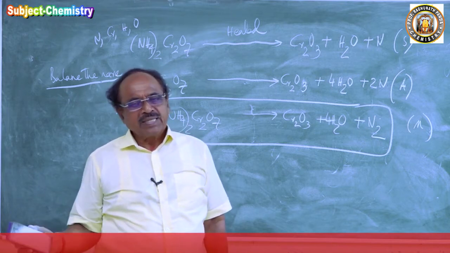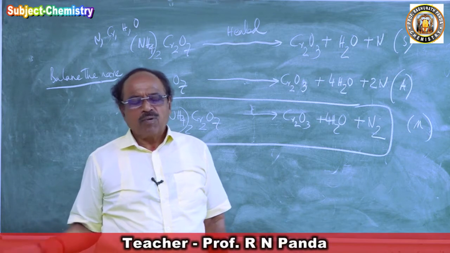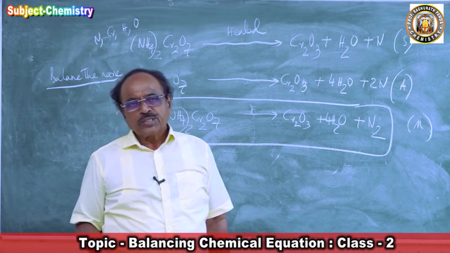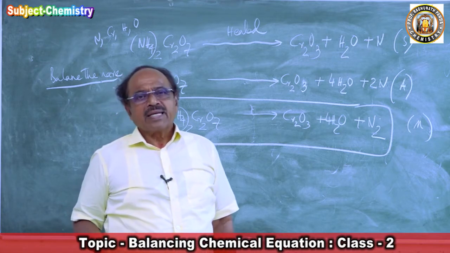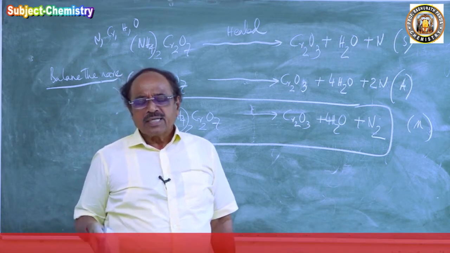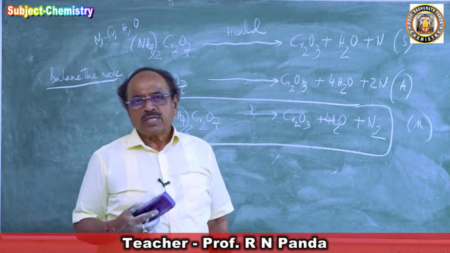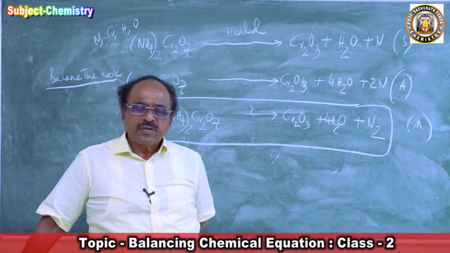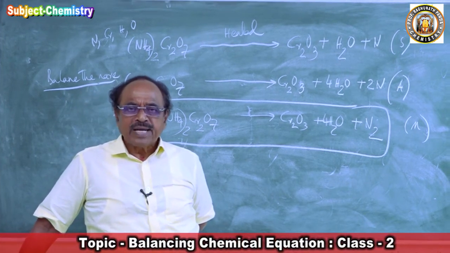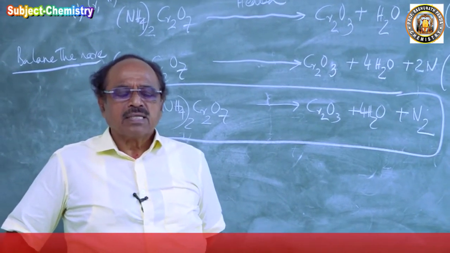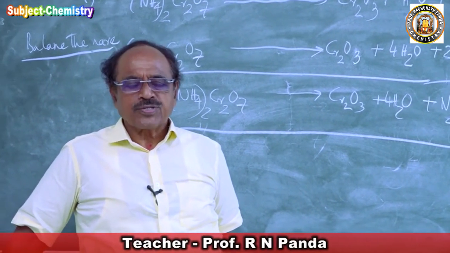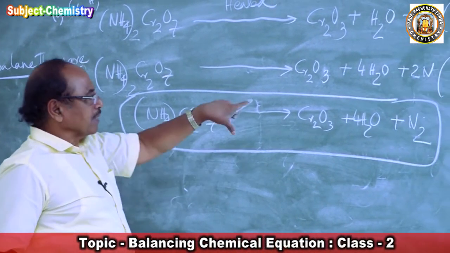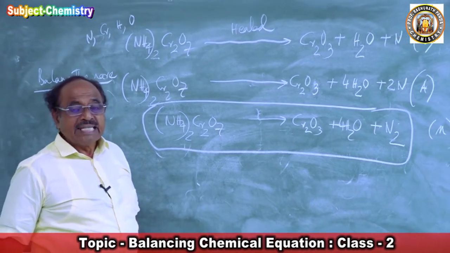First I taught what a chemical equation is, then why a chemical reaction can be represented by a chemical equation, then how to write a balanced chemical equation, then how to balance it. All reactions are of different types, so for different types of reactions there are different methods for balancing. Here we compare left and right. This is a method of balancing called hit and trial method.